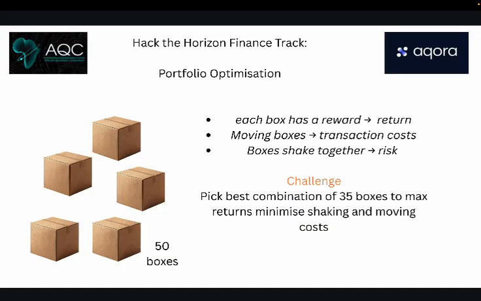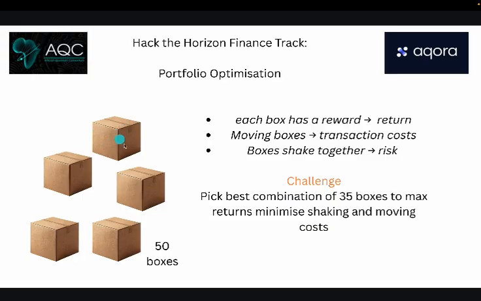Looking at this slide, you'll see about 5 boxes, which for our purposes of illustration, we can say are 50 boxes. Each box corresponds to a type of asset that you have. From that asset, there's a reward we're expecting, which is the expected return it will have.